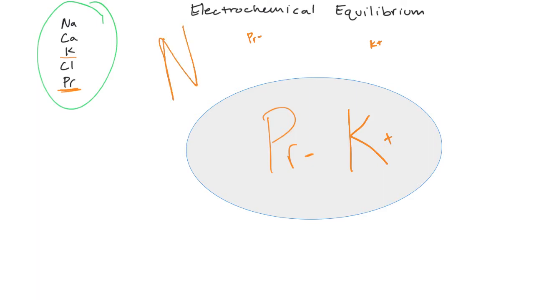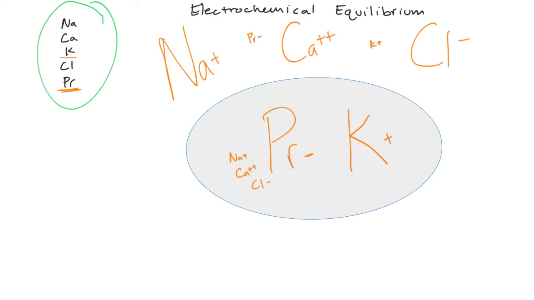So we have a lot of sodium out here, not as much in here. A lot of calcium out here, not as much in here. And chlorine. And there are leaky channels, and there are sodium-potassium pumps, which are maintaining this difference between positive and negative overall charge.